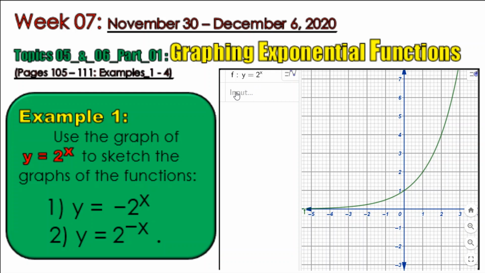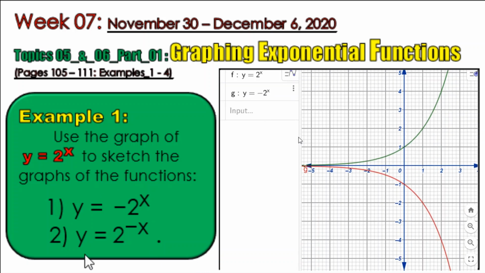So how about if we sketch the graph of y is equal to negative 2 raised to x? Okay, so this is the graph of the function y is equal to negative 2 raised to x, and this is the graph of our function y is equal to 2 raised to x.